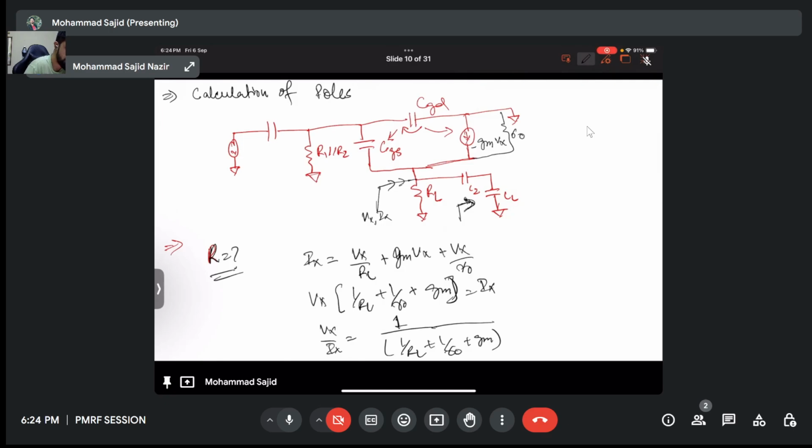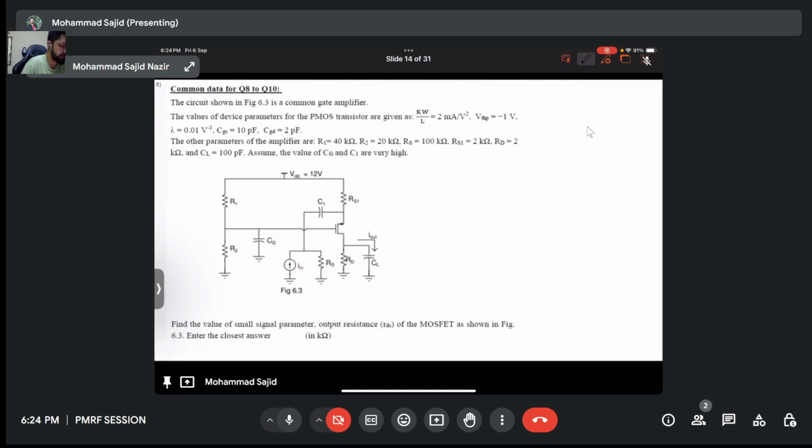And for this case, for upper cutoff frequency, you will need this formula, not the one which I showed earlier. So you will have this R multiplied by CL. Use this formula to calculate the upper cutoff. Okay, so moving on.